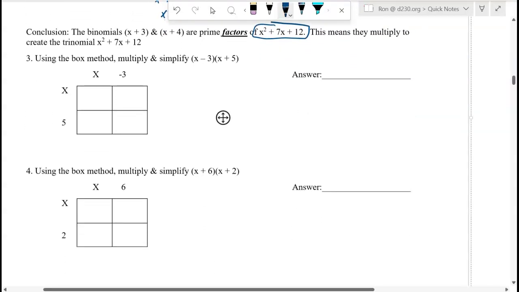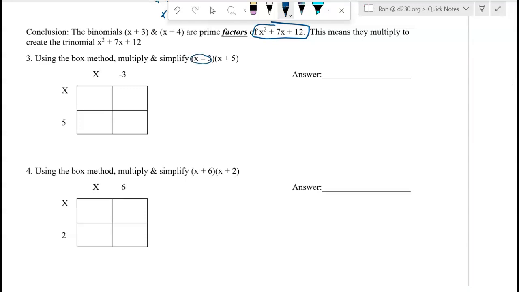If I had these two binomials and I were multiplying them together, if I created this box with squares, I know I can take the x minus 3, put it up top, and the x plus 5 here. Now, just as we would distribute, we're going to show that inside the box. x times x is x squared.